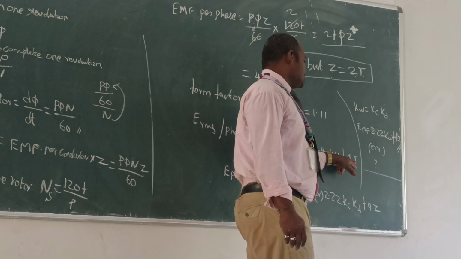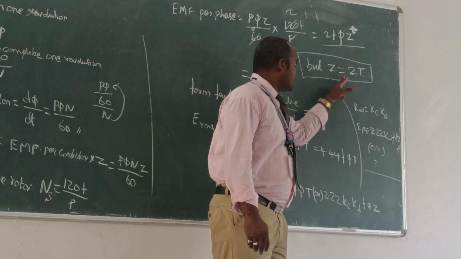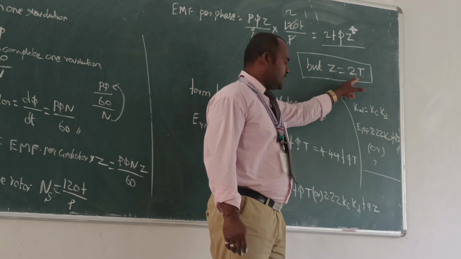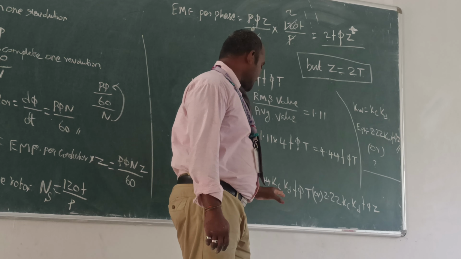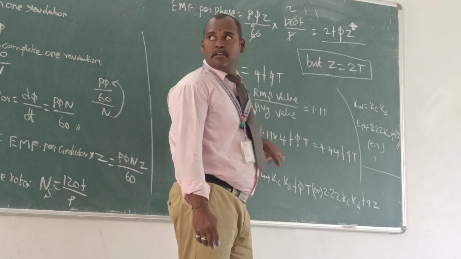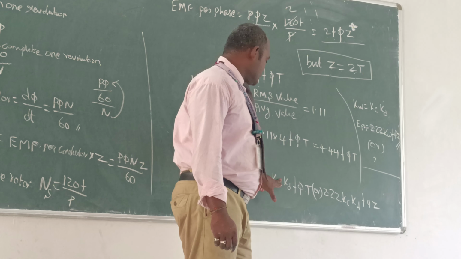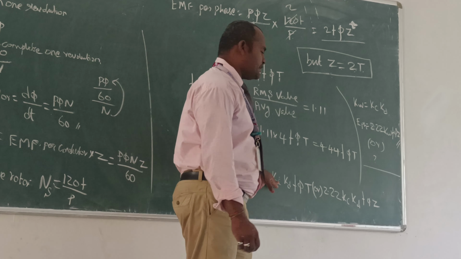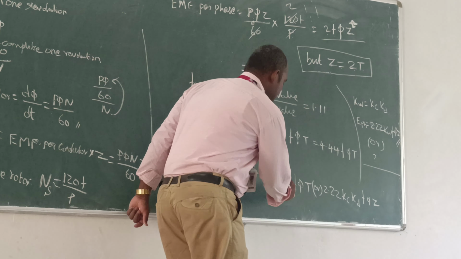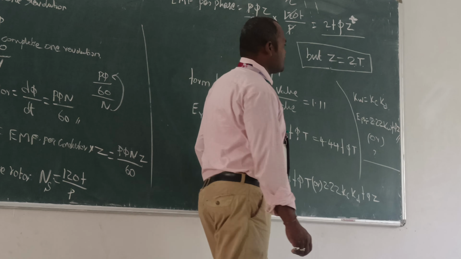If you want to change the expression in terms of T or Z, we know the relationship between T and Z. If you add the winding factors, like the distribution factor and the pitch factor, sometimes the pitch factor is denoted as Kp or Kc, both are the same.